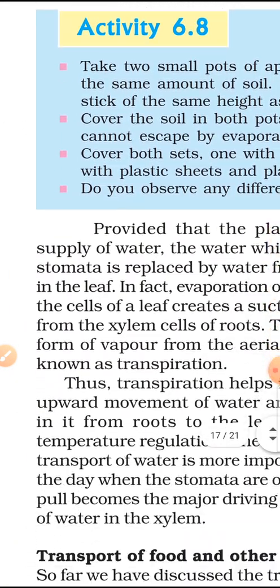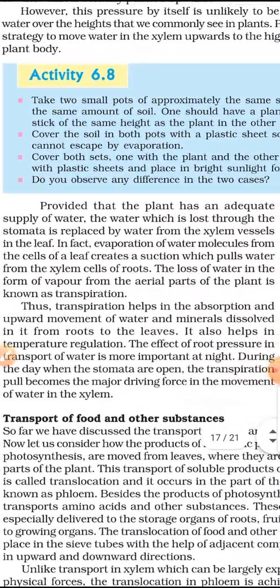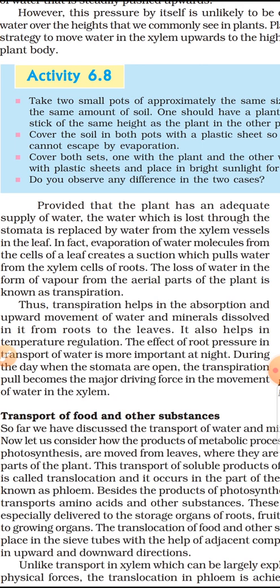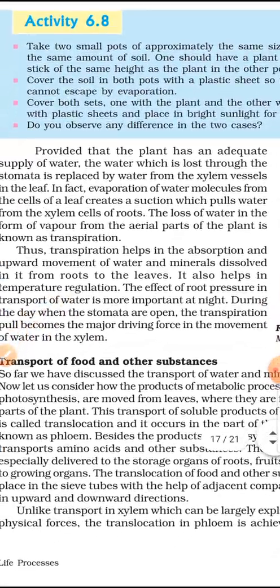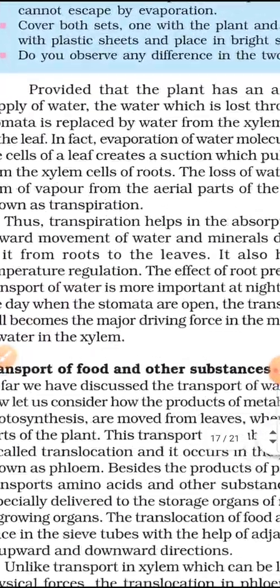So what they are telling is that the water is moving from the root to the tip in the upward direction. So how is this force generated? There must be some other mechanism by which this upward movement is done. Let's see what they are talking about.